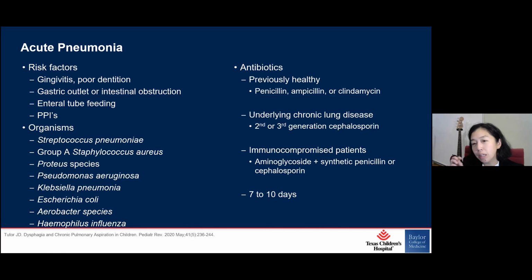I want to put up the drugs that we use for acute aspiration so that we can use this as a contradistinction. Acute pneumonias are treated with a lot of penicillin-based drugs, some cephalosporins, and specifically in immunocompromised patients, aminoglycosides may be used. But the point here is that these are relatively short courses. These are a week-long course of antibiotics for acute pneumonia.